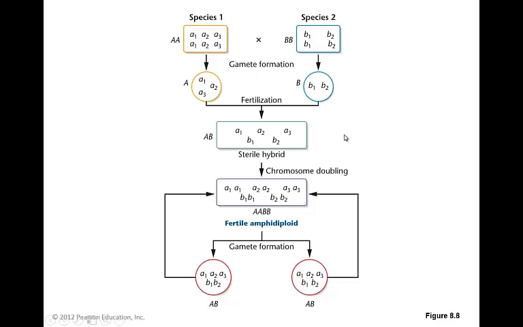Okay, but you're going to have one copy of each of all these different chromosomes, or genes, if that's what we're talking about. So then, say you have now a chromosome doubling. Okay, now you have 2 copies of A1, 2 copies of A2, and so on. Now this organism might be fertile. Okay, so now you can produce gametes that are going to be genetically balanced.